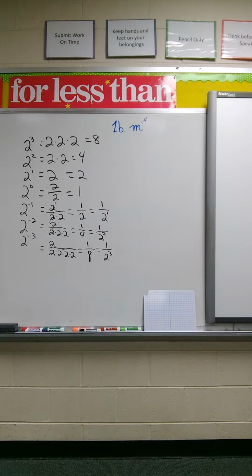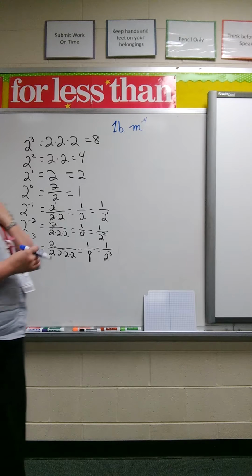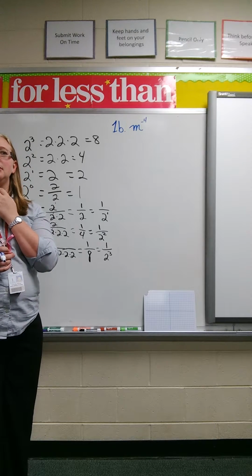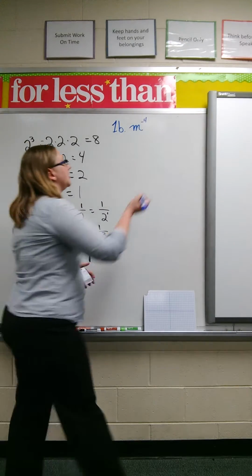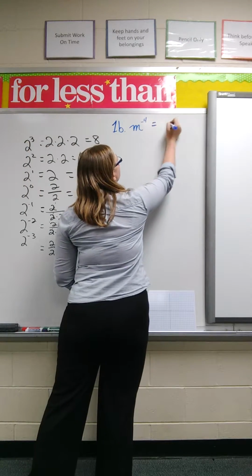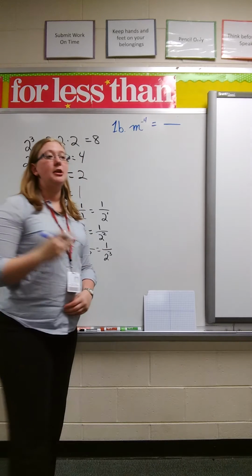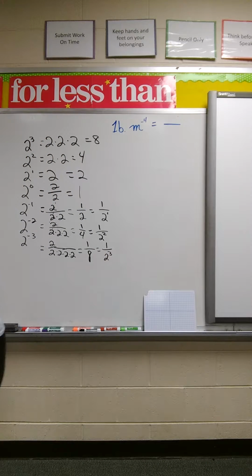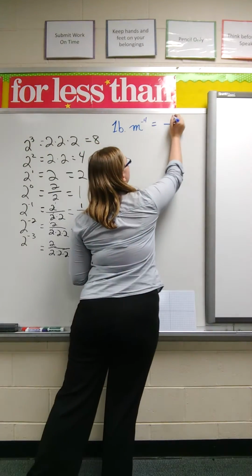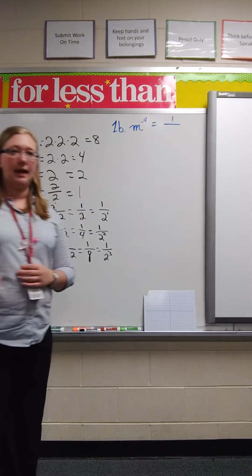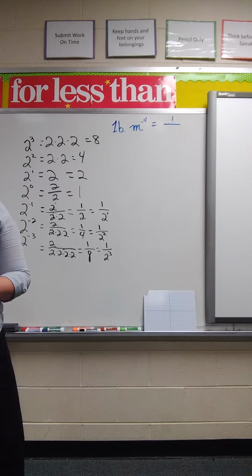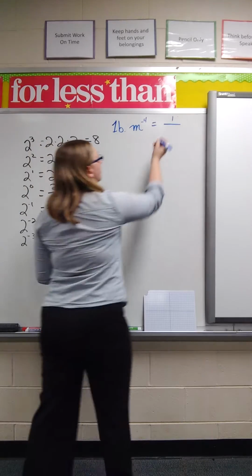Let's start with this question. What format is my answer going to be in? Fraction. It's going to be a fraction. Okay? Do I know what the numerator is going to be? 1. My numerator is always going to be 1. Okay? What's my denominator going to be then? M to the 4th.